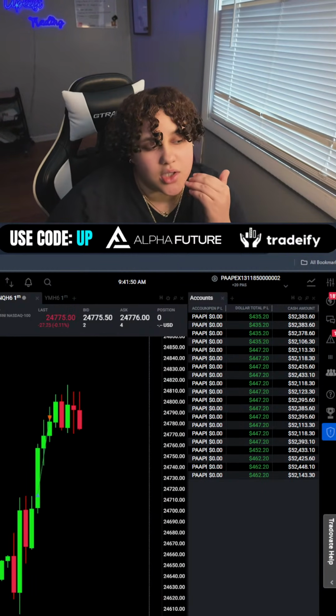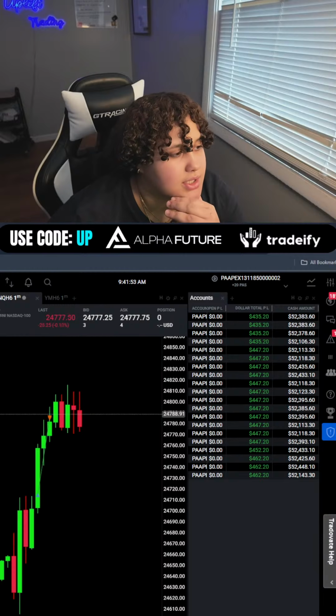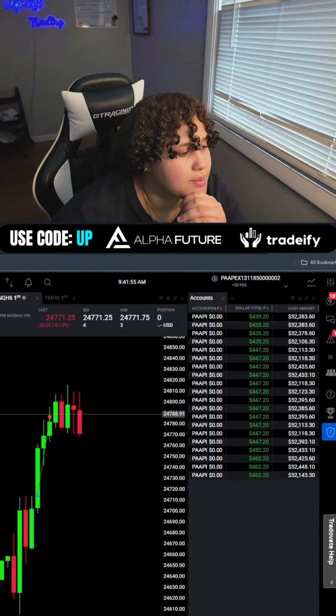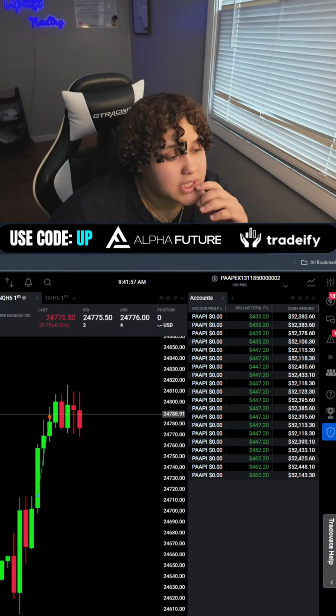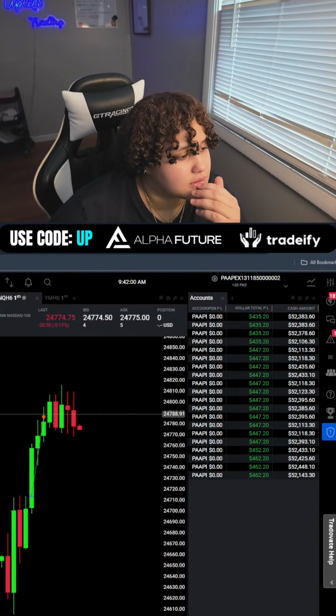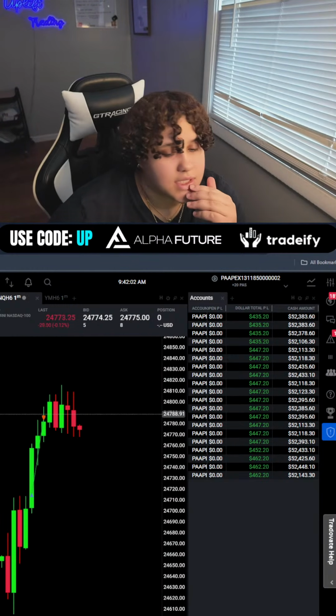Now it's just, are the longs going to continue or is it going to reject this 90-minute supply zone here? Which it looks like it is so far. Let's see.